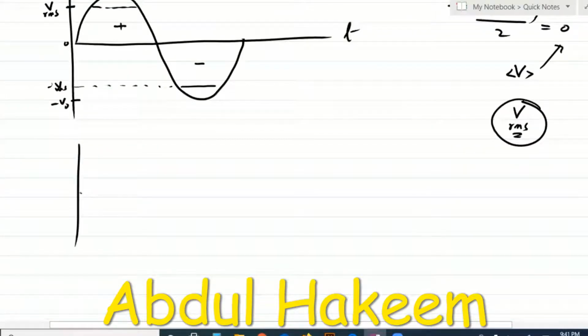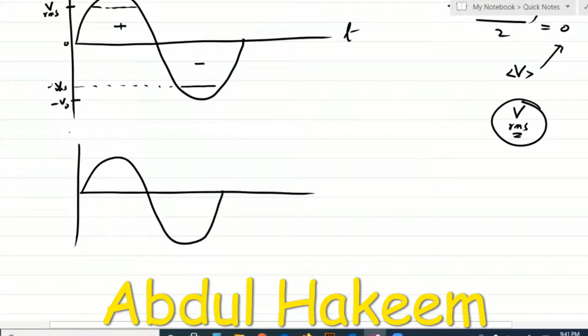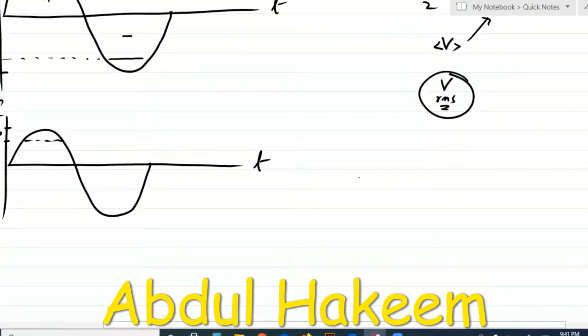Similarly, if this is the current against time graph, this is the peak current, and this value is the RMS current. So RMS current is I naught divided by under root 2.